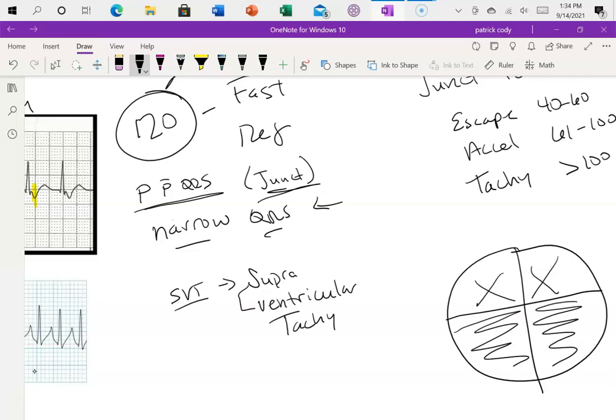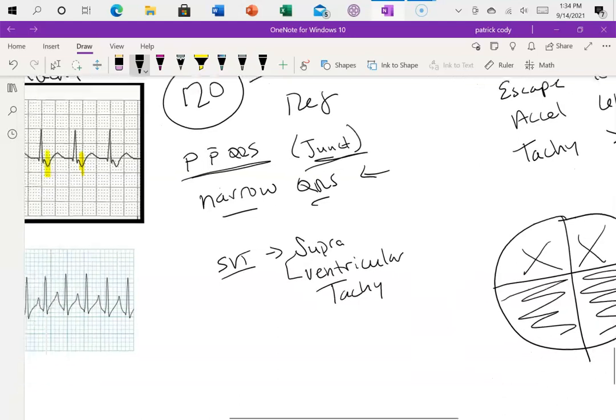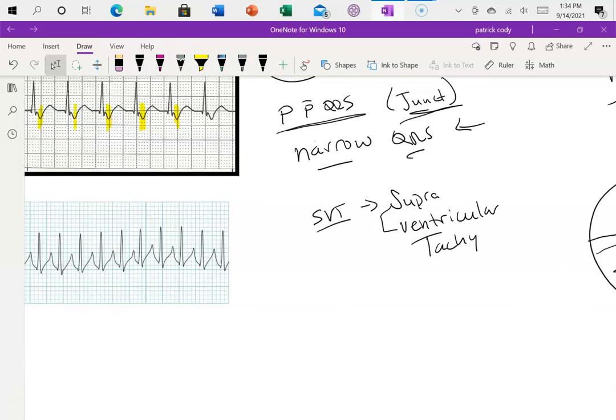So we're talking about anything from the sinus is above the ventricles, anything in the atria is above the ventricles, anything at the junction is above the ventricles. So SVT in my mind is sort of a garbage can terminology for something that originates above the ventricles. But what we use SVT to represent is a rhythm that is fast and narrow and is devoid of P waves.